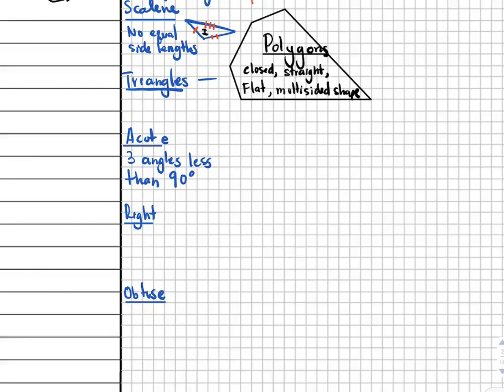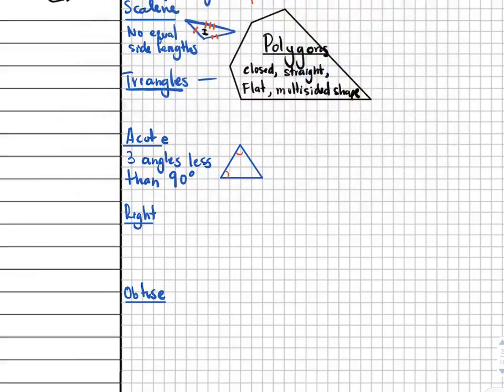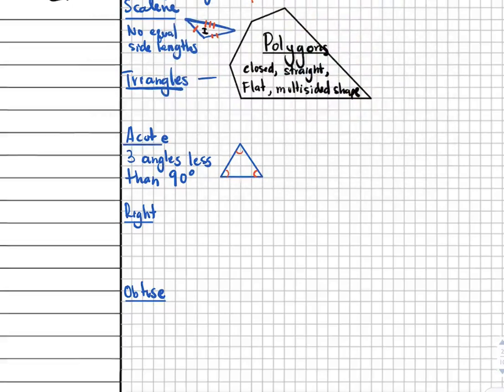Okay, all of them are less than 90 degrees. Again, you can use triangle A as an example. It could be an equilateral triangle because all of the angles are going to be 60 degrees. They're all going to be less than 90. So that's less than 90, less than 90, less than 90.